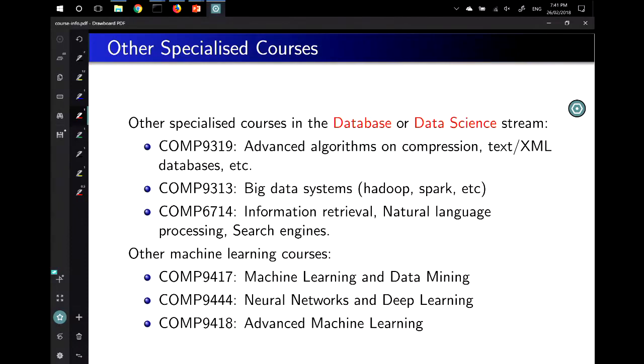I think these two courses are relatively easy. If you want to challenge yourself or are interested in graphical models, 9418 by Edwin is a pretty good one. I don't know when he is going to teach it again, but it's going to be pretty hard. It covers graphical models and Gaussian processes, because Edwin mainly works on Gaussian processes.